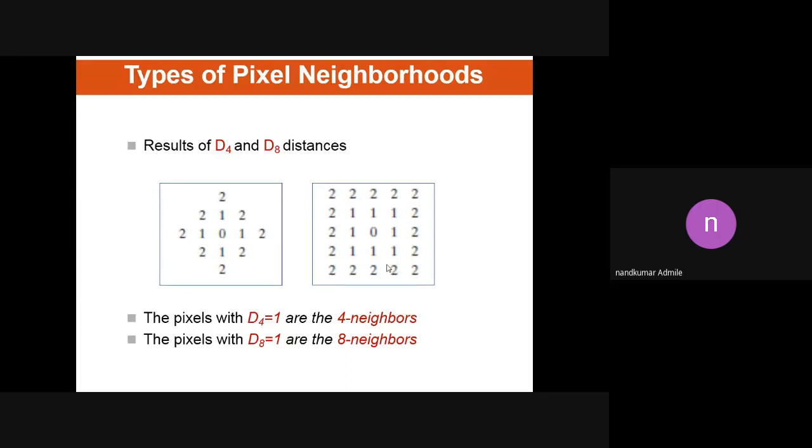In 4 neighbor, the pixel with D4 equal to 1, means at the origin we have 0, and on the 4 sides we have pixels with a similar integer value 1, 1, 1 and 1. And if you consider 8 neighbors, then on all sides we have ones.